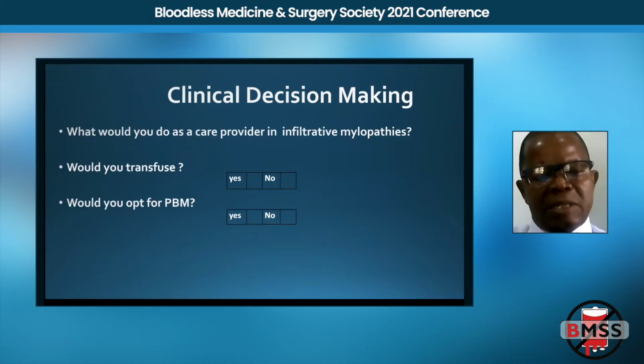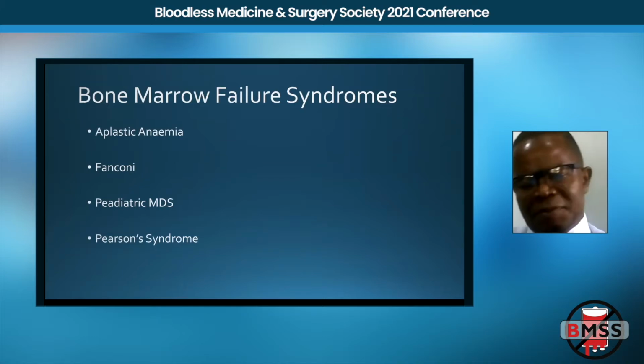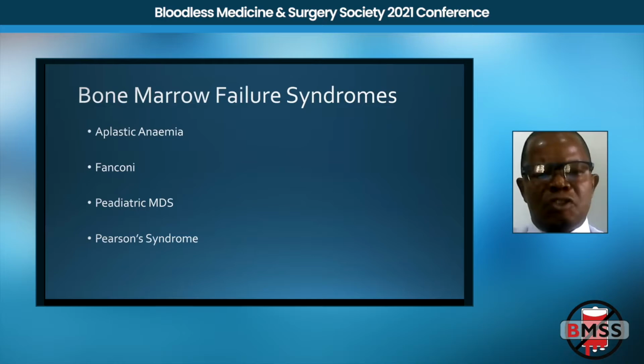So, would you transfuse all your patients with malaria? In young children, if the cause is sought for on time and treated, they usually do well. Next slide, please. There are other bone marrow failure syndromes: aplastic anemia, Fanconi, pediatric MDS, and Pearson syndrome.